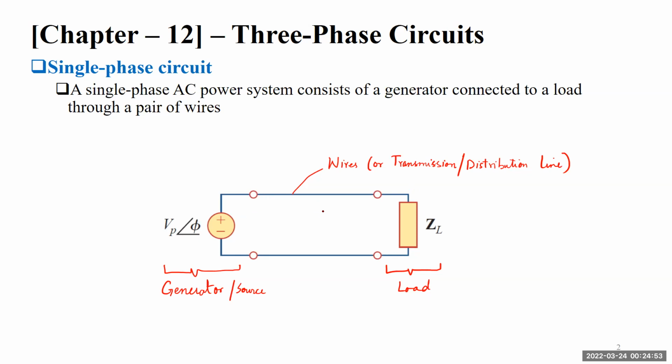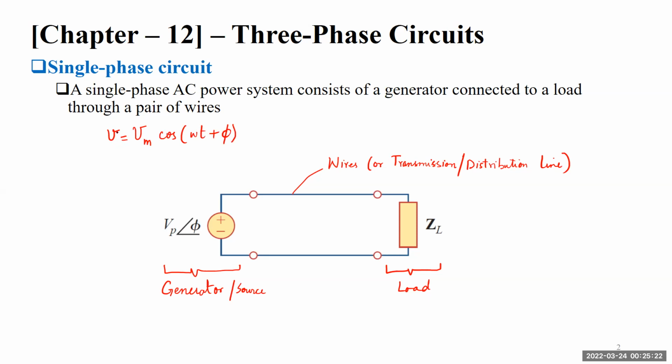If we have to draw a single line diagram of such a case, it will look something like this. Remember why this is called a phase: we have seen earlier in our lectures that voltage is generally given as, for example, Vm cos(omega t plus phi).